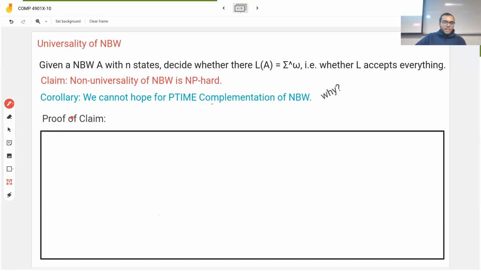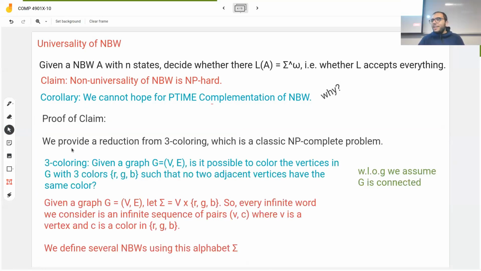But let's prove our claim. Let's prove the claim that non-universality of MBW is NP-hard. Now, how do you prove NP-hardness? You prove NP-hardness by a reduction. That's always the case, right? So, I mean, yeah, you have other ways of proving it too, but normally you always prove it by reduction.